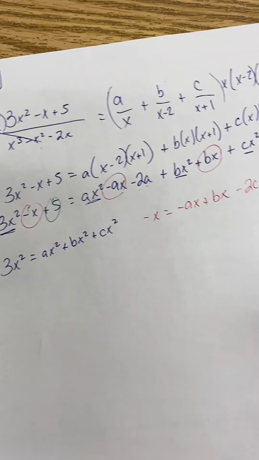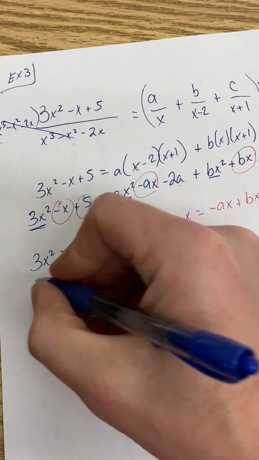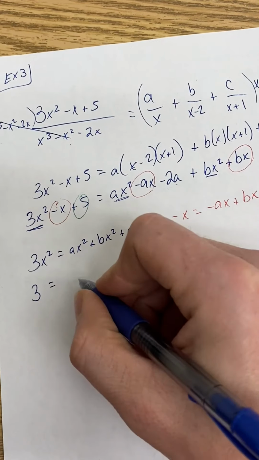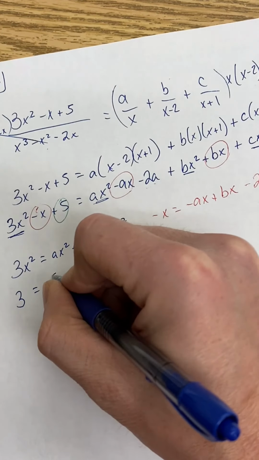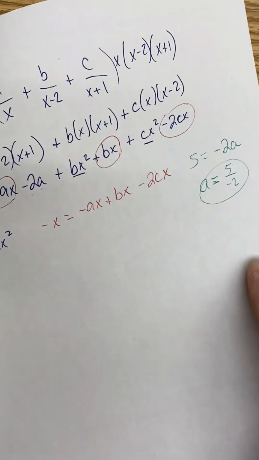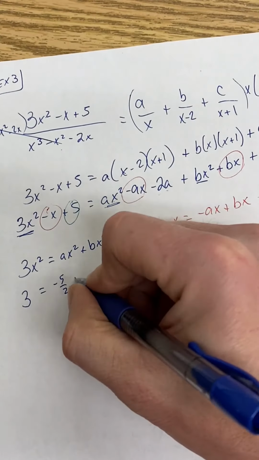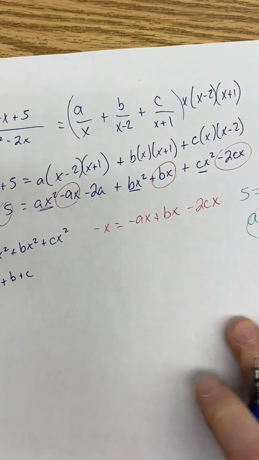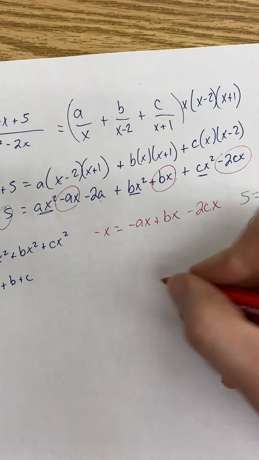All right, well, now that I know that, I'm going to go work on some of these. So I can get rid of the x squareds at this point. These all have x squareds in them. I'm going to go ahead and put that negative 5 halves in for a here, because I know that a does equal that. It's got to be true. Plus b plus c. And on this one, keep the same colors going here.